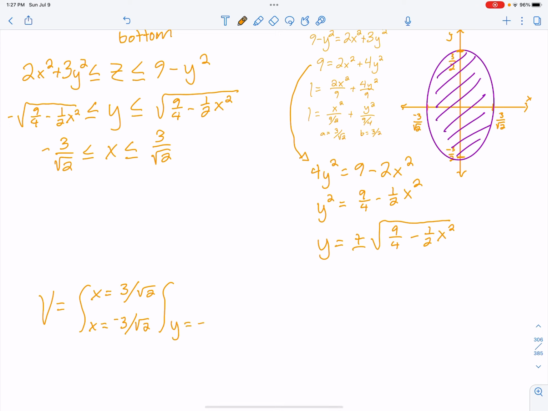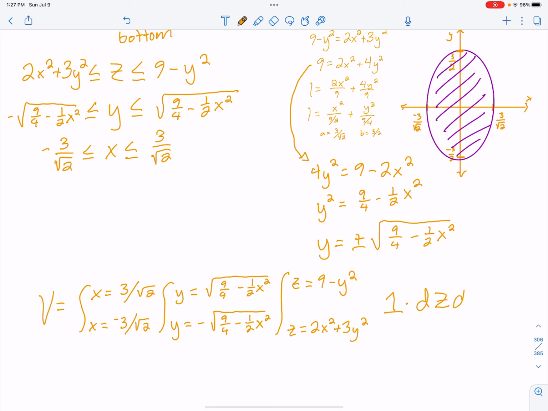So y is negative the square root of 9/4 minus 1/2 x squared, and then y equals the square root of 9 over 4 minus 1/2 x squared. And then my bounds for z: the bottom one is 2x squared plus 3y squared, and the top one is 9 minus y squared. If I'm finding volume, I want my integrand to be 1. And then I just got to make sure I respect the order of the bounds. Z is on the inside, y is in the middle, x is on the outside.